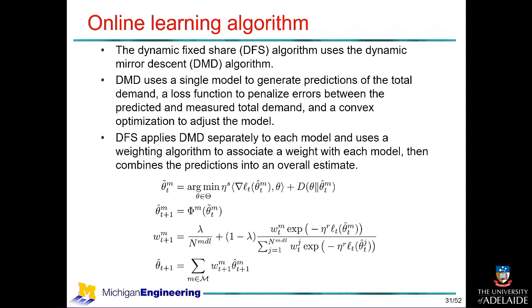If the model is particularly accurate, then that will show up in small values for the loss function, and that will drive the weight to a high value. So I run all the models independently, but when I combine them together, it's saying this one worked really well, this one didn't work very well. And so it's dynamically weighting that.